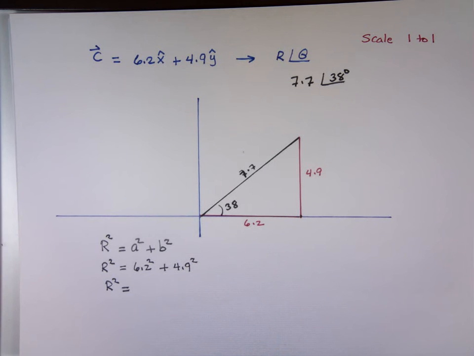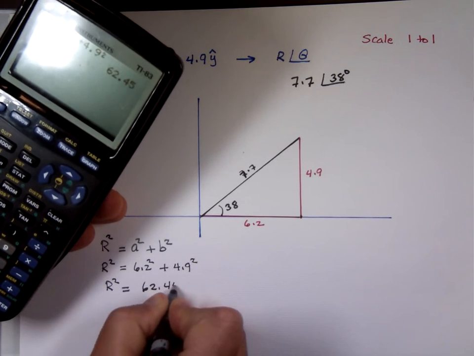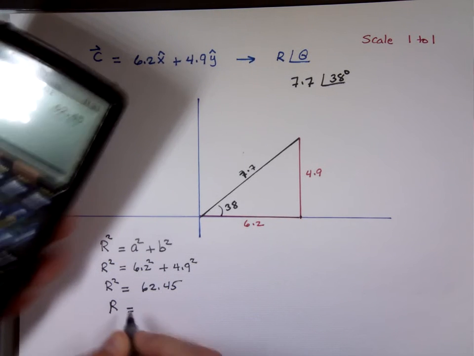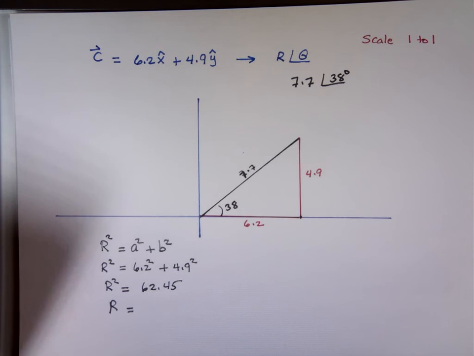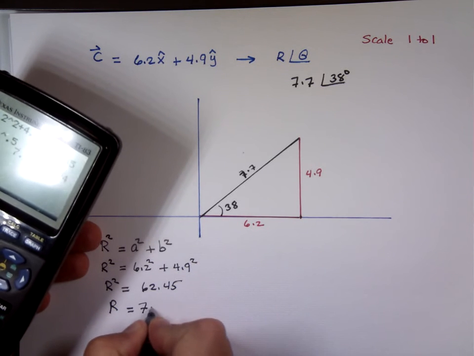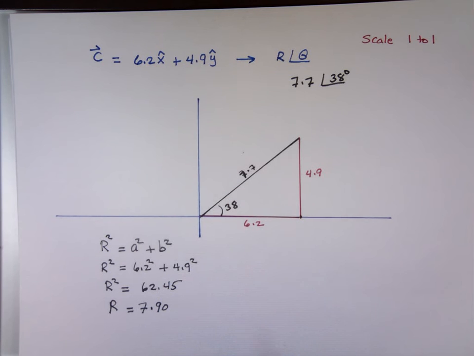That's 62.45. Can we get what r is? The square root of that number. 7.9. Not bad. We got 7.7. The math says 7.9.